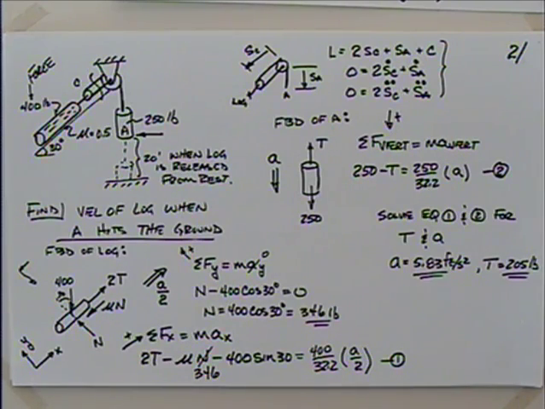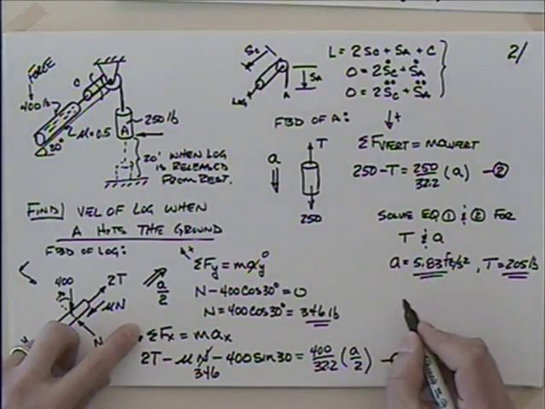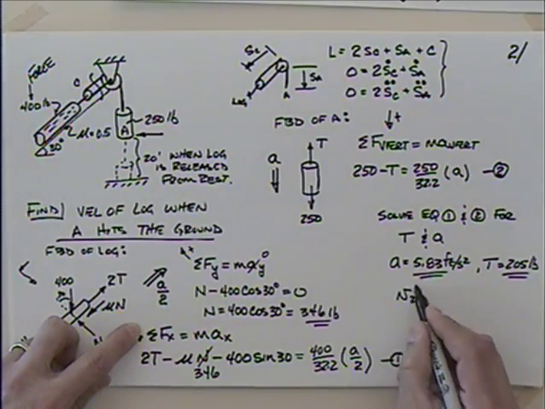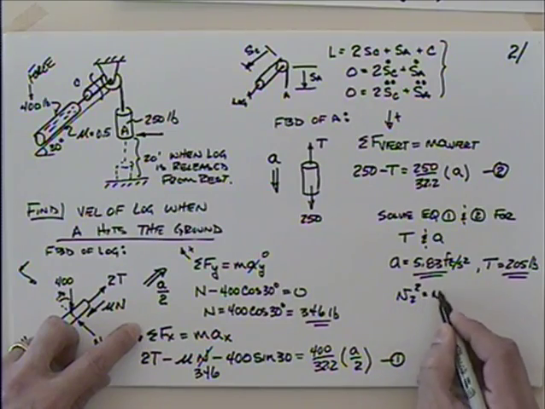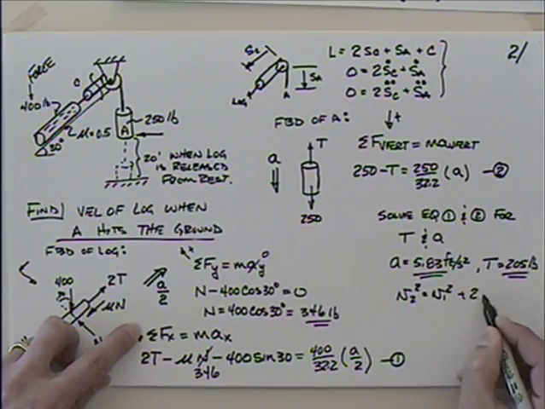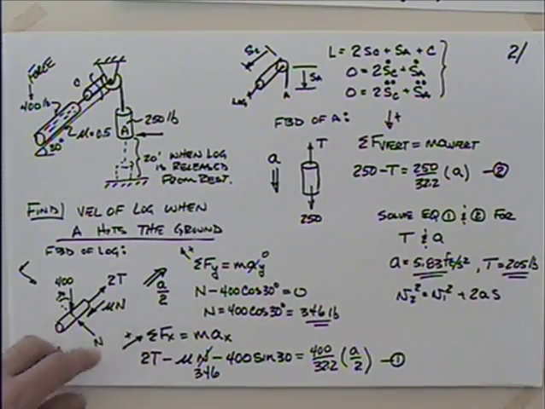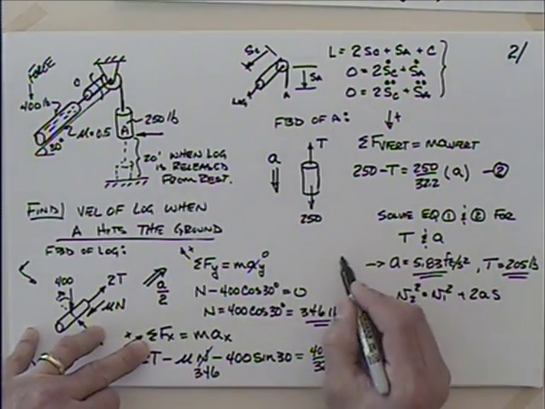We're looking for the velocity of the log when it hits the ground. Okay? So I could come over here and say then that we have velocity 2 squared is equal to the velocity 1 squared plus 2 times the acceleration times the displacement. That was our kinematics equation for constant acceleration. This is constant.